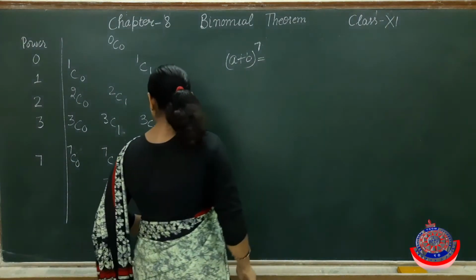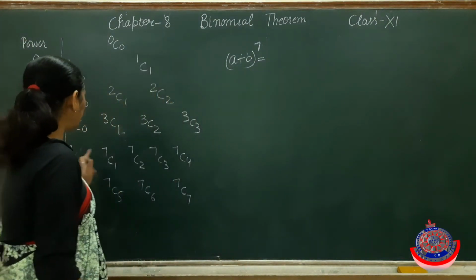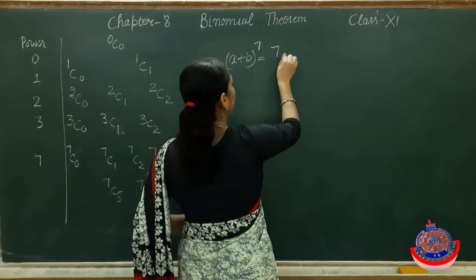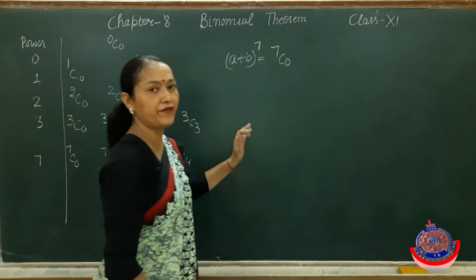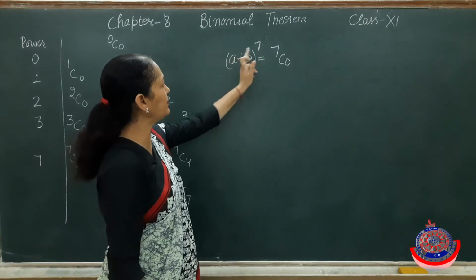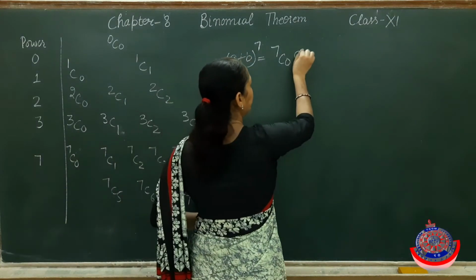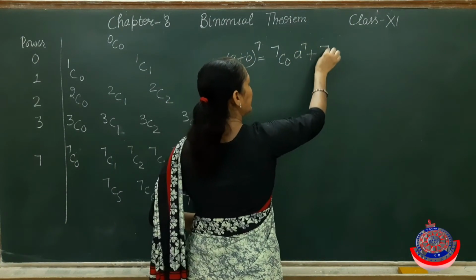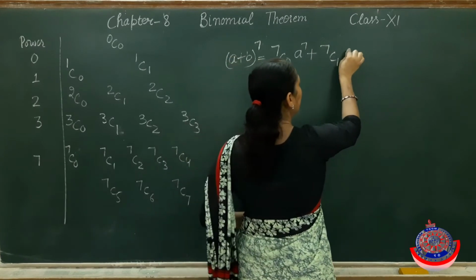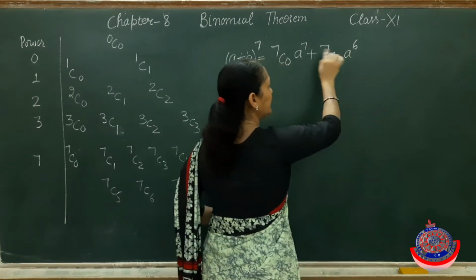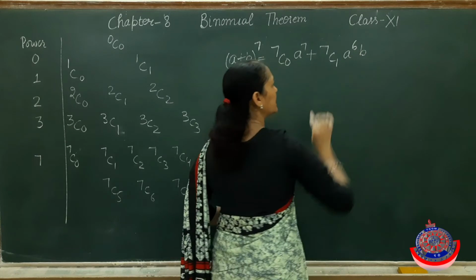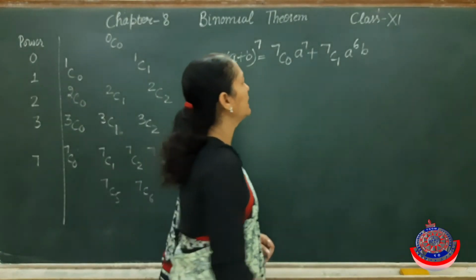First of all, 7C0, and the first quantity will be with power 7, A7. Then 7C1, A will decrease by 1 and B will increase by 1.